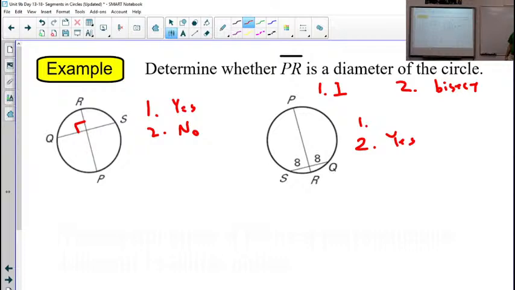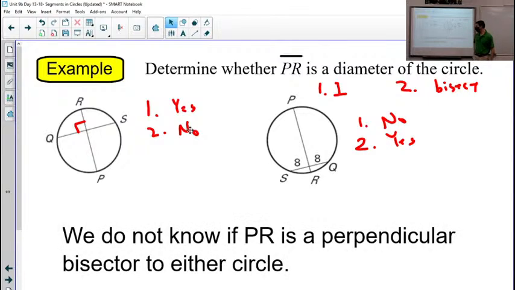Are we told perpendicular? No, we are not. Perpendicular would make a right angle. No right angle labeled. It's not just, oh, it looks perpendicular. It's got to be marked, and it is not. So over here, we have perpendicular but not bisector. And on this one, we have bisector but not perpendicular.